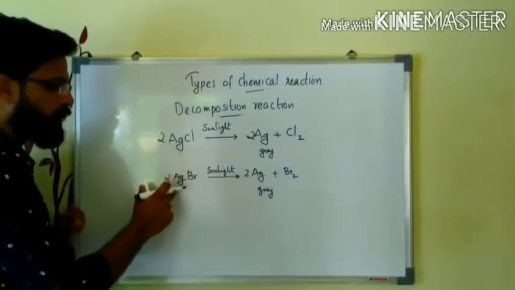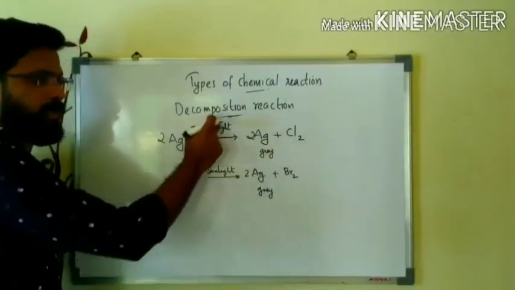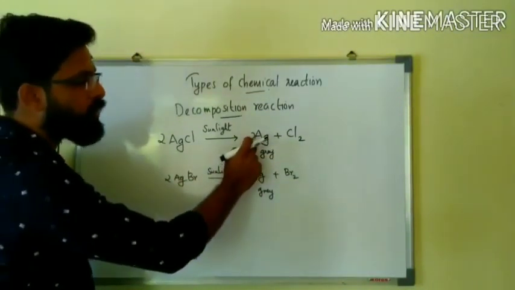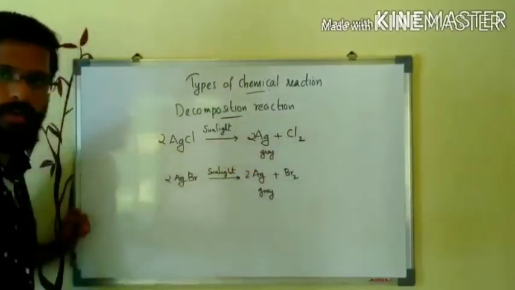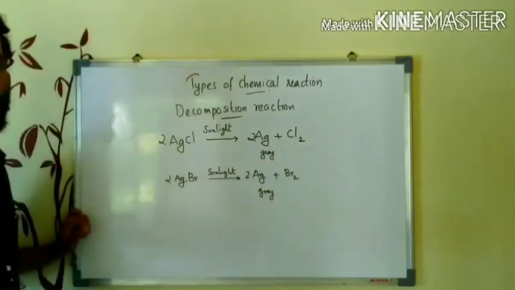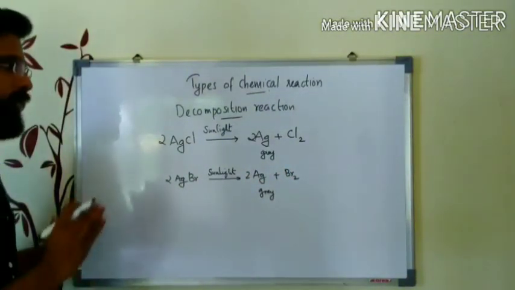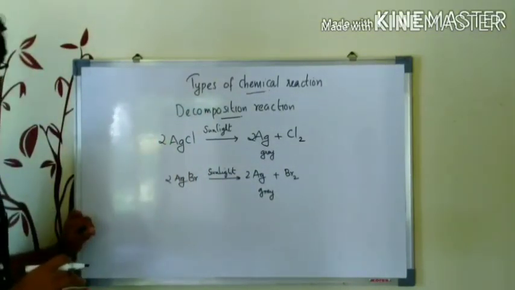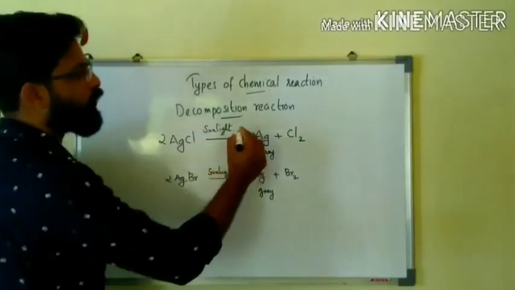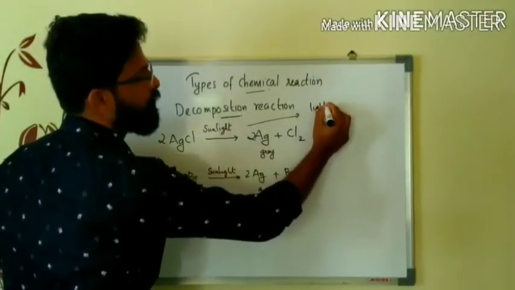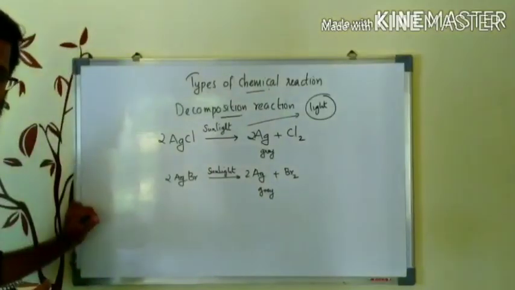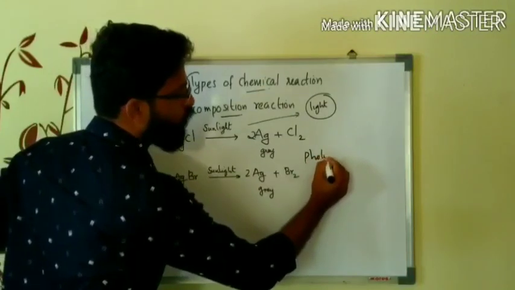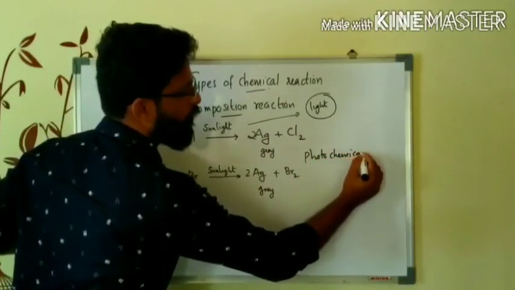So silver chloride and silver bromide both decompose in the presence of sunlight: silver chloride into silver and chlorine, and silver bromide into silver and bromine. This is also a type of decomposition reaction. Here decomposition takes place in the presence of light energy, so this type of reaction is also called a photochemical reaction.